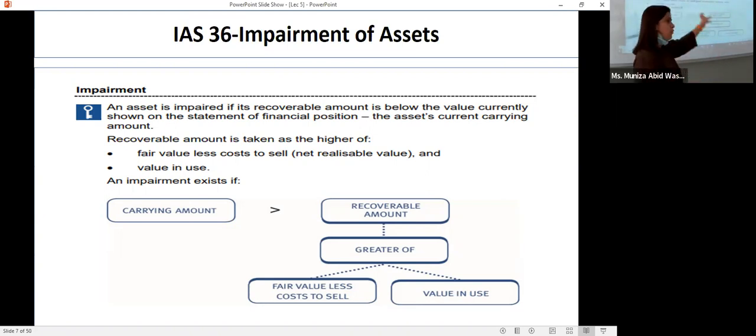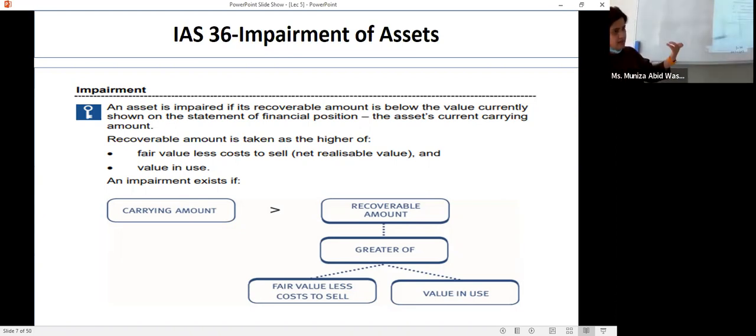So greater of value in use and NRV, fair value less cost to sell, we are going to take, and then we are going to compare that recoverable amount with the carrying value. If carrying value is greater than the recoverable amount, it means that there has been an impairment. This is the concept of impairment. Okay.